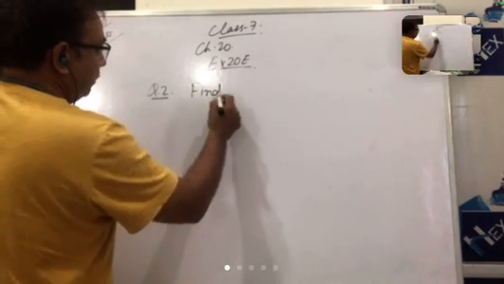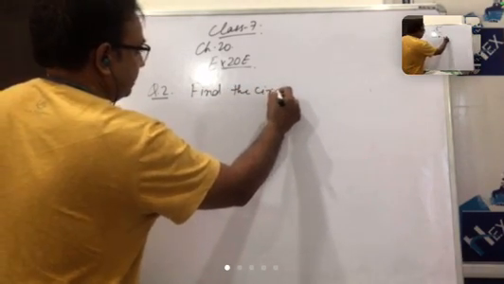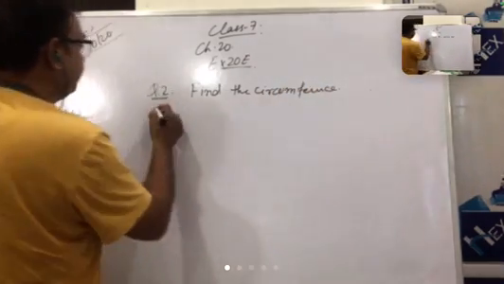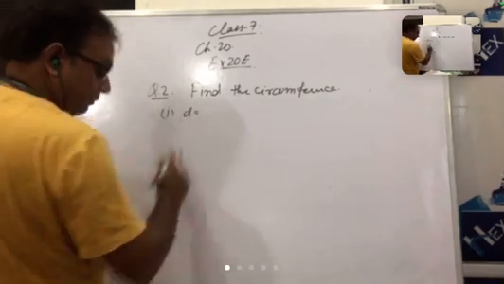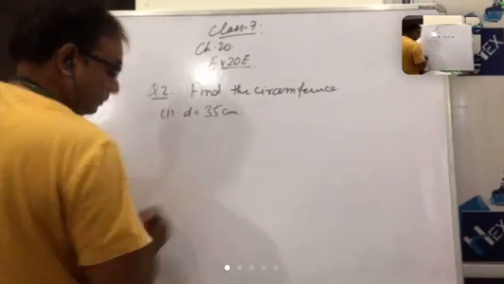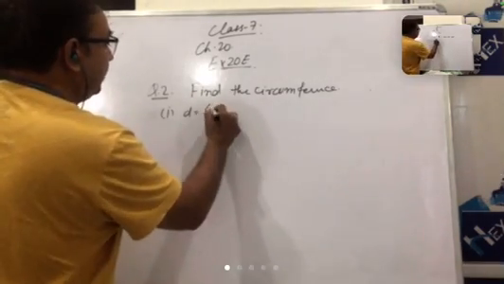In the question number two we have to find the circumference again, if the diameter is given, and the diameter is equal to 4.9 centimeter.